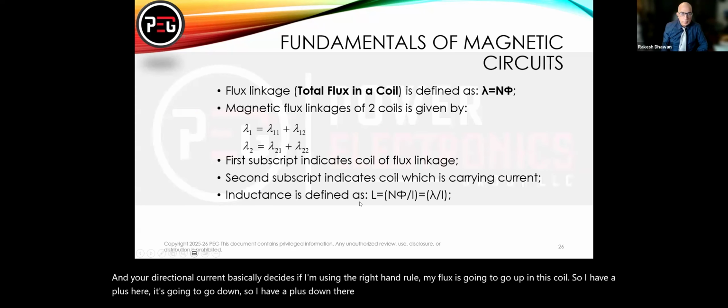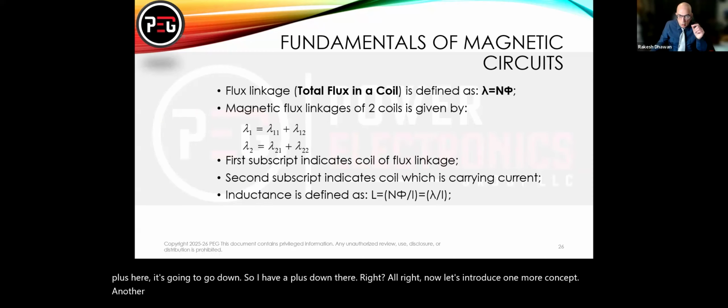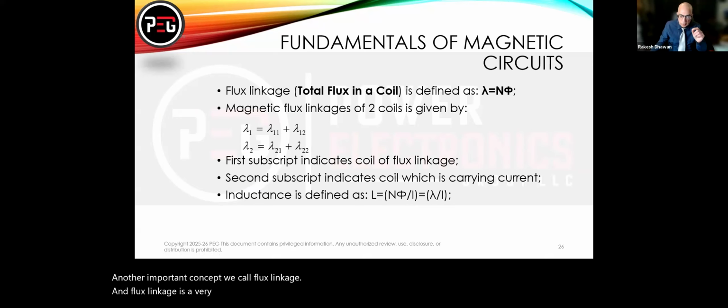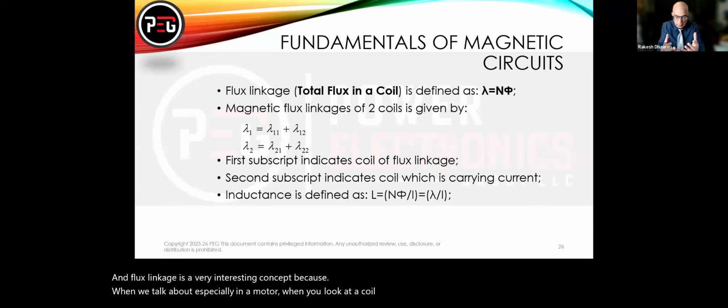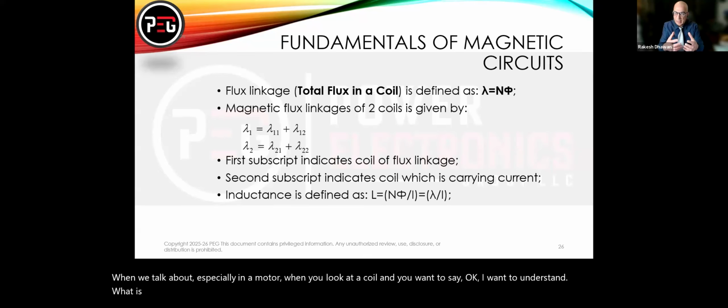All right. Now let's introduce one more concept. Another important concept we call flux linkage. And flux linkage is a very interesting concept because when we talk about, especially in a motor, when you look at a coil, you want to understand what is the flux linking that coil.